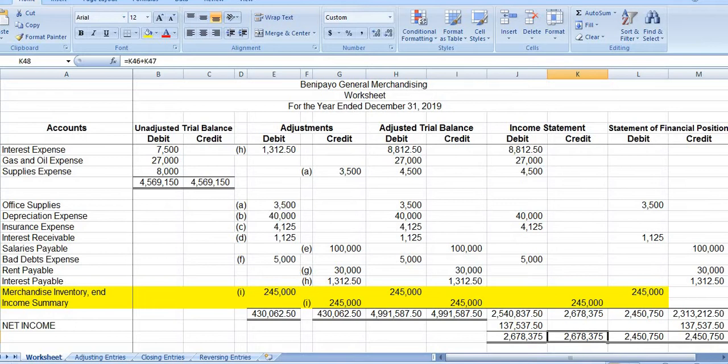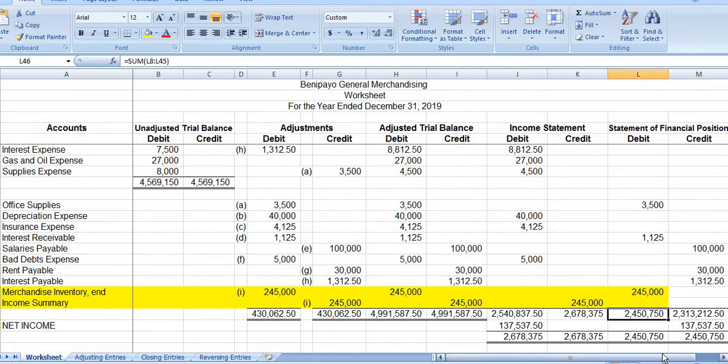Do the same procedure for the statement of financial position. Get the difference between the total debit and the total credit of the statement of financial position columns and write that difference under the smaller amount.